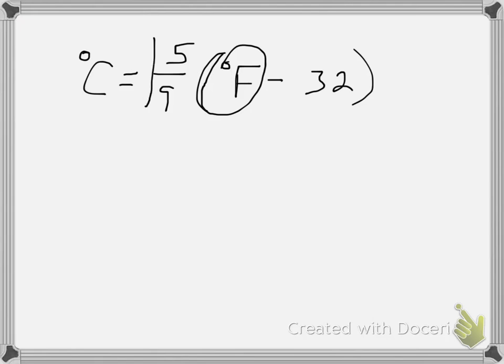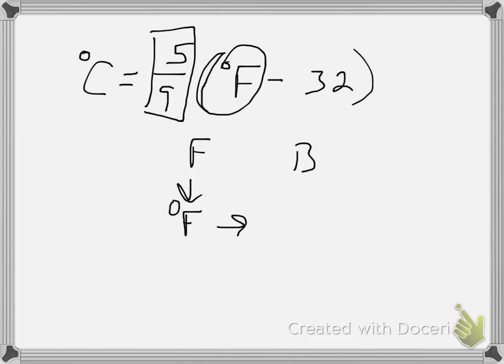Now you may be wondering, where does this 5/9 come from? And it comes from the fact that, as I said before, between freezing and boiling, the Fahrenheit system has 180 degrees, whereas the Celsius system only has 100.